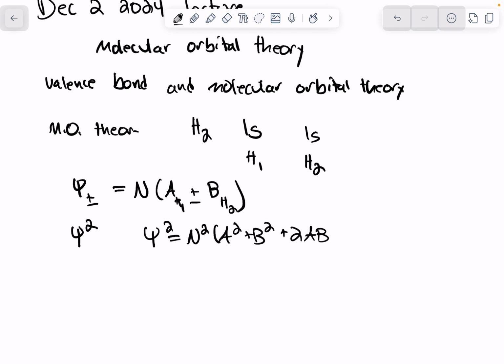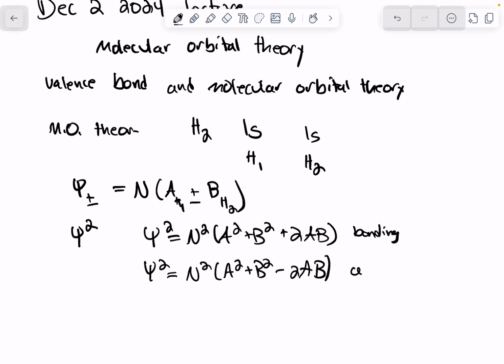The other outcome is N squared times (A squared plus B squared minus 2AB). Everything's the same, but the big difference is one is positive and the other is negative. We call the first one bonding, and the other anti-bonding. I don't like that term, because it really is not anti, it's just that bonding doesn't occur.